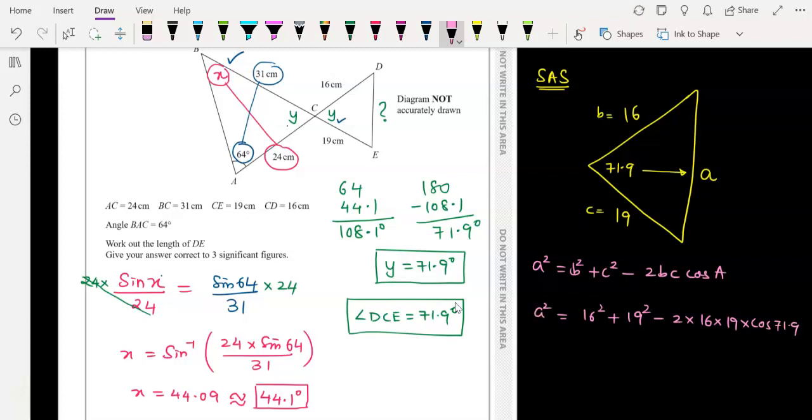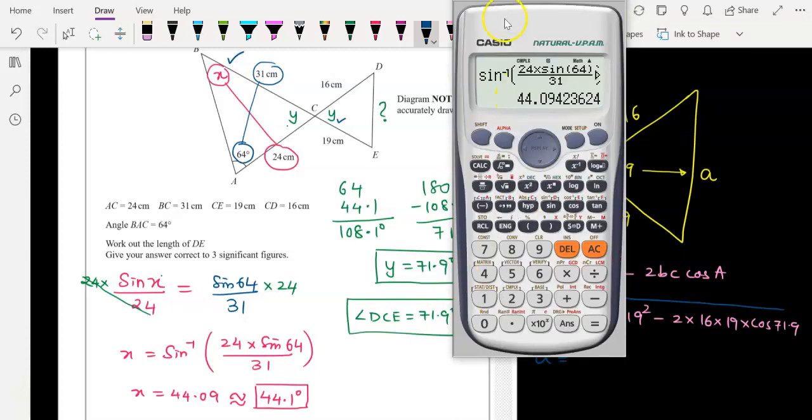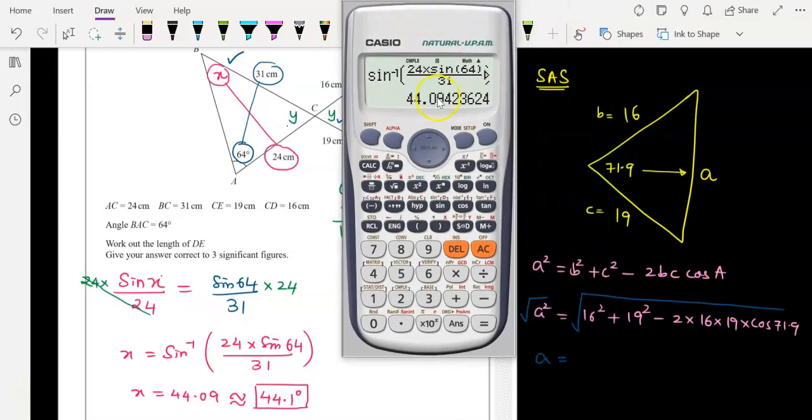Now we want to cancel the square, so we take square root of both sides. Square root of A squared is A. Now we put this in the calculator. It is square root of 16 squared plus 19 squared minus 2 times 16 times 19 times cosine 71.9, close the bracket, that gives me 20.69.